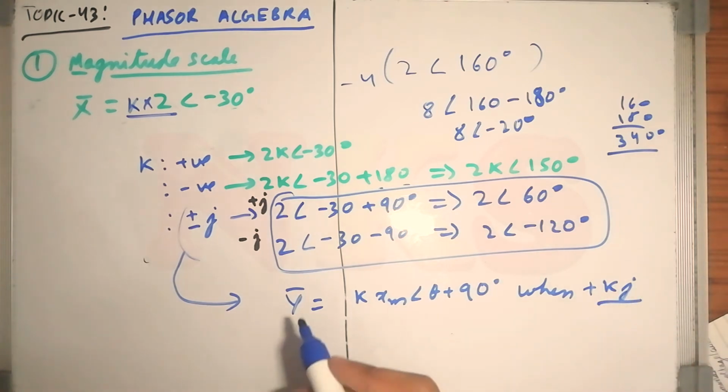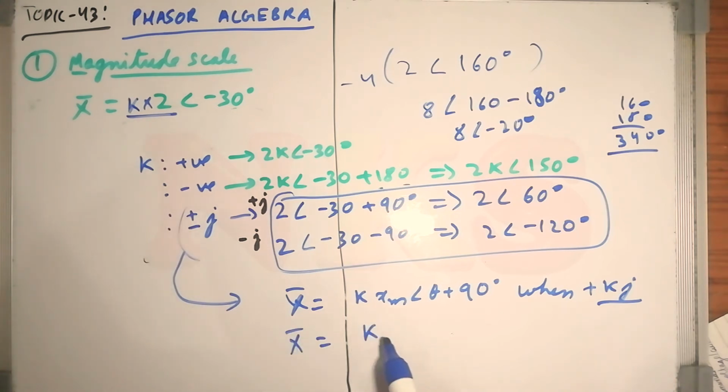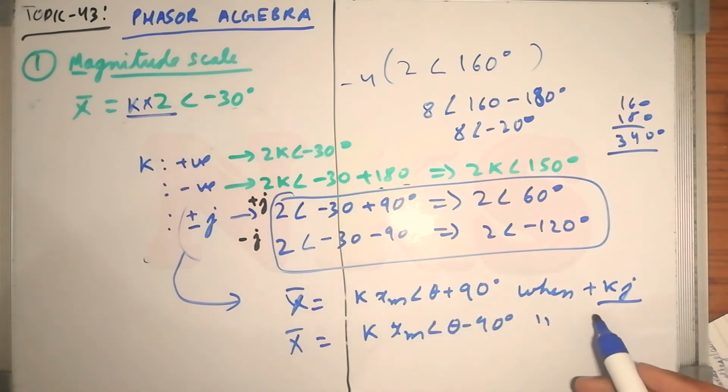Here I have taken X bar as the phasor, so it becomes k Xm at an angle theta minus 90 degrees when multiplied by minus kj. This is how the magnitude scaling algebra works. So always remember this. This is very important.